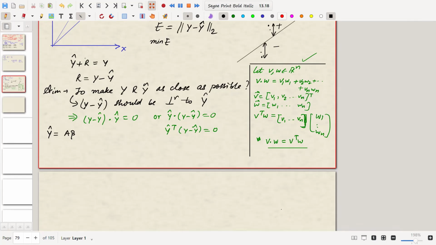You have to write A beta transpose times something. I told you our aim is to find beta. Can we find beta using this?